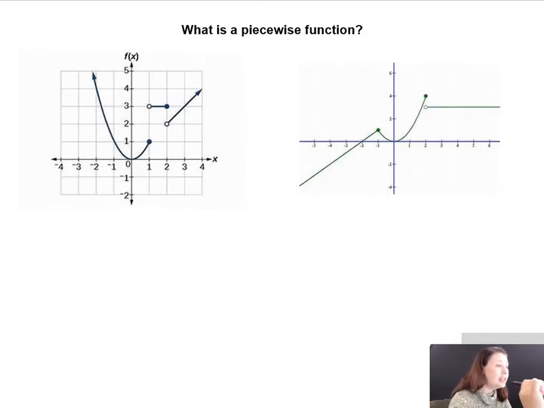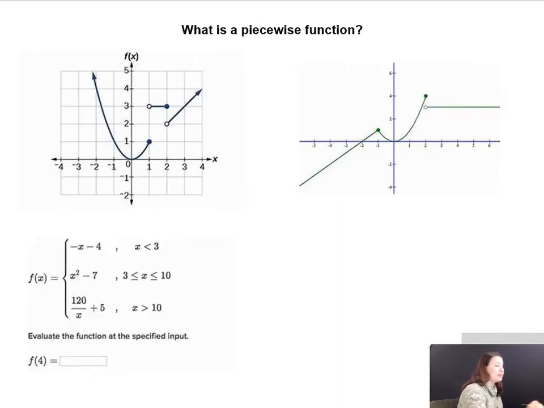Then this other one again has multiple pieces, but two of them connect right here, and then they jump up here and don't connect. So there's multiple ways we can put piecewise functions together. They can connect, they cannot connect, and so on. So that's what they look like graphically.